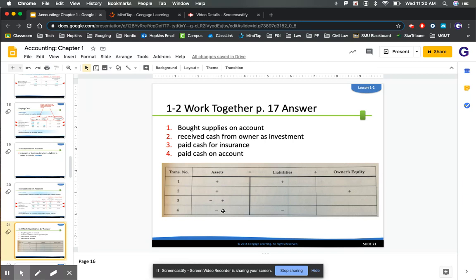Paying cash means your cash asset is going to go down, so negative there. But if you're paying off an account, it means your liability account, that accounts payable, is also going to go down there. So go get started on that MindTap for lesson 1-2. Work together and then do the work on your own. Revisit this presentation or the textbook for answers.